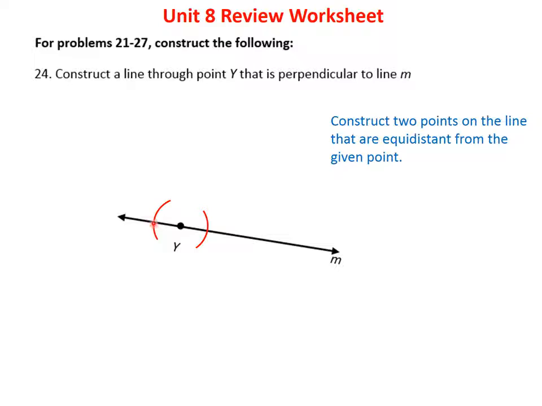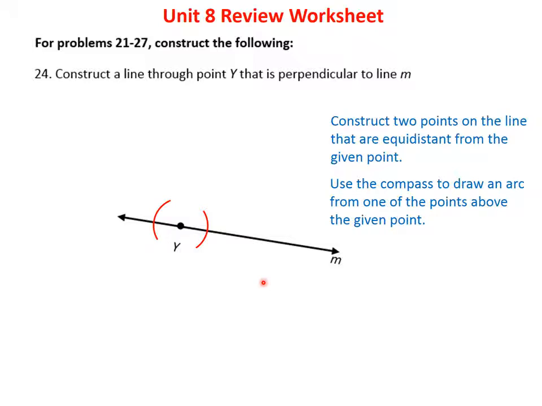As I said, you can make a little circle there, but we're only interested in 2 points on the line that are an equal distance. At this point, we're going to open the arc a little wider and draw an arc from one of these points above here, and we'll do it on the other side as well.